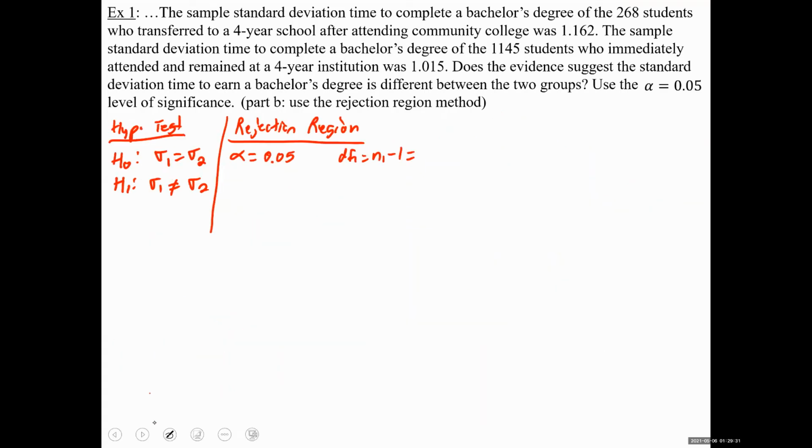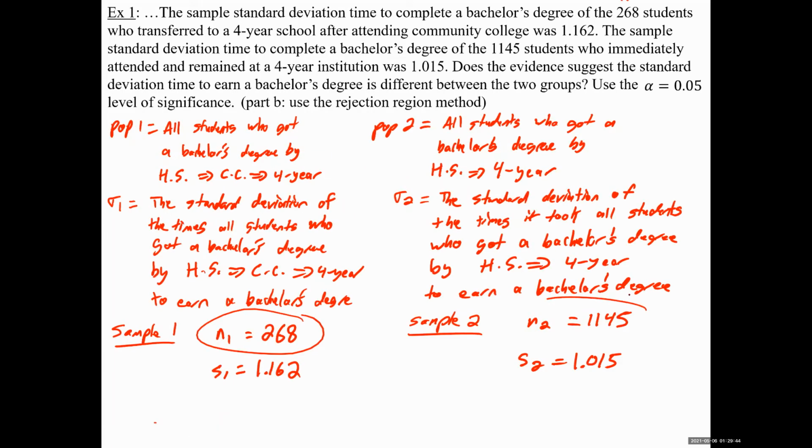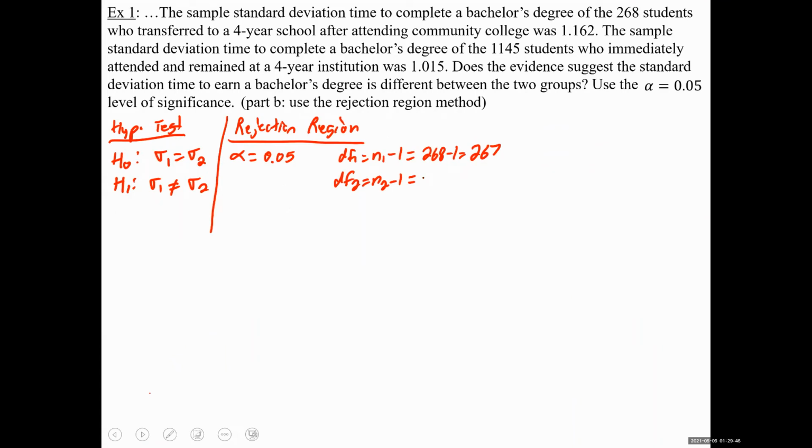So it's 268 minus 1, which is 267. And then df2 is formed as n2 minus 1. N2 on the previous slide, 1145. You subtract 1 from that, you get 1144. So we have 2 degrees of freedom.